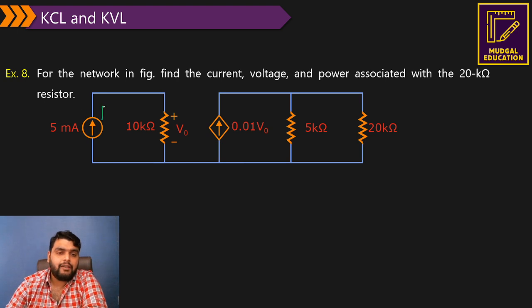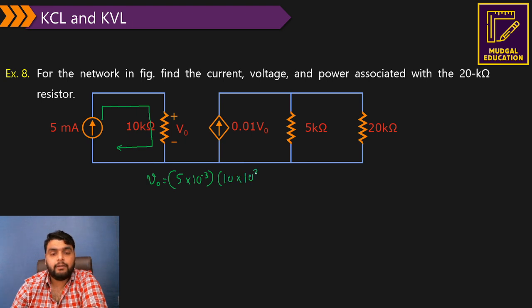Here you can see 5 milliampere is a current flows through 10 kilo ohm, comes out from here. So I can calculate the V0. V0 is 5 milliampere multiply by the resistance 10 into 10 is to power 3. It comes out to be 50 volt. First point. Now second point you need to understand here, it is a voltage control current source.